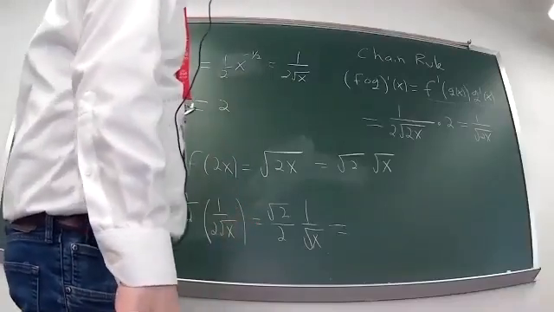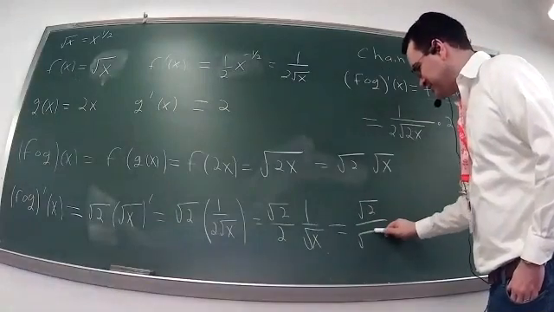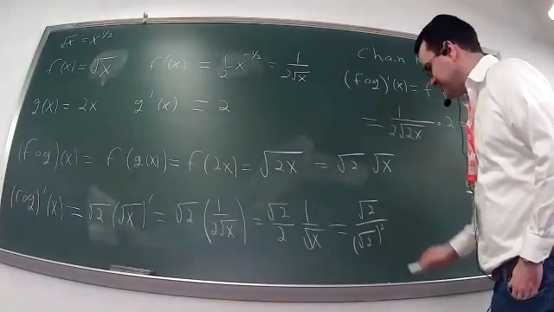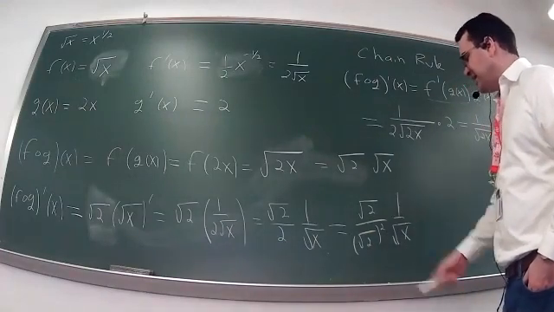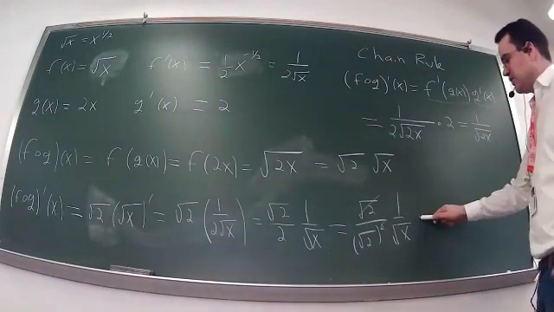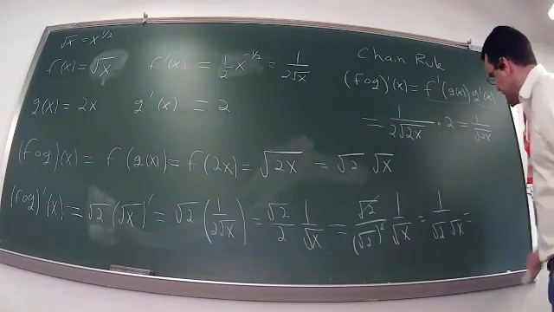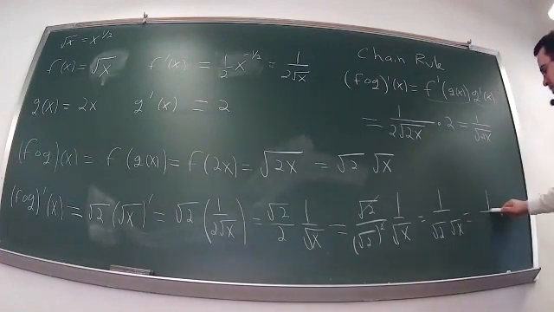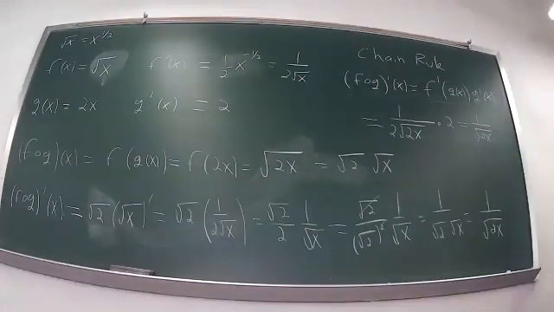It's kind of like a tongue twister, right? And then I could just cancel one of the factors of root 2. So what I would be left with is 1 over root 2 times root x, which I could combine back and say that's 1 over square root of 2x. So it takes a little bit of algebra, but these answers are just presented a little bit differently.